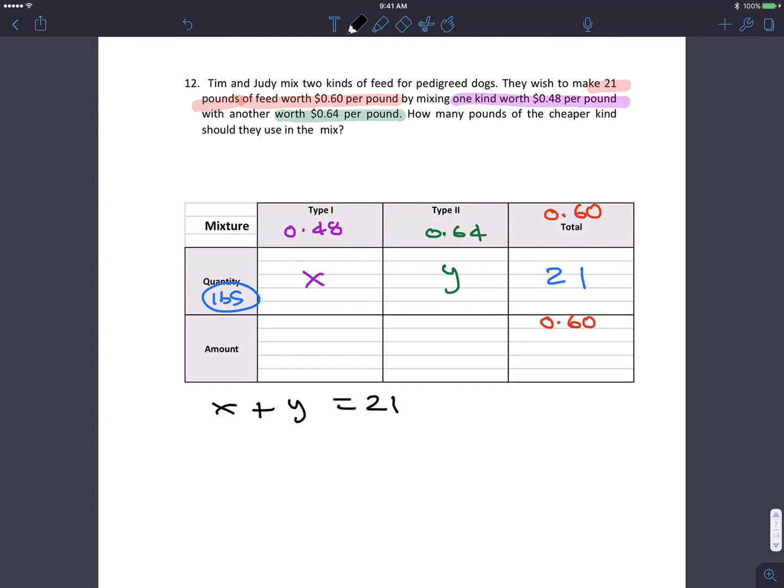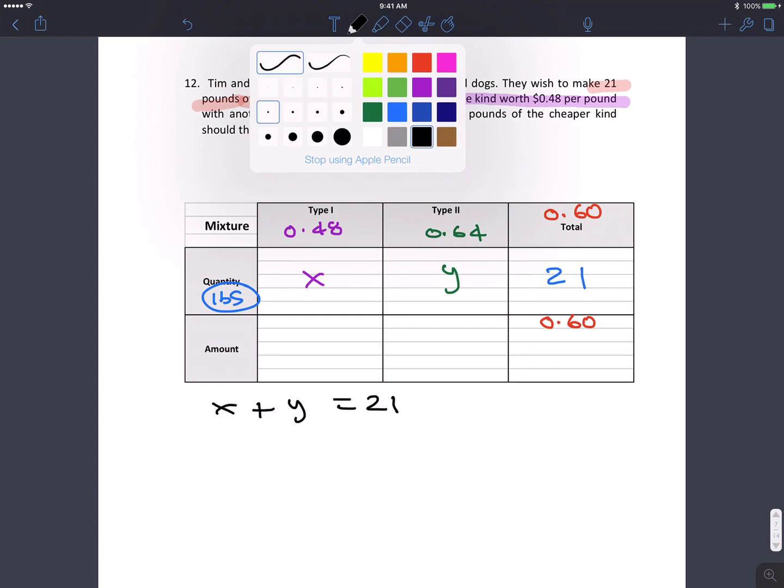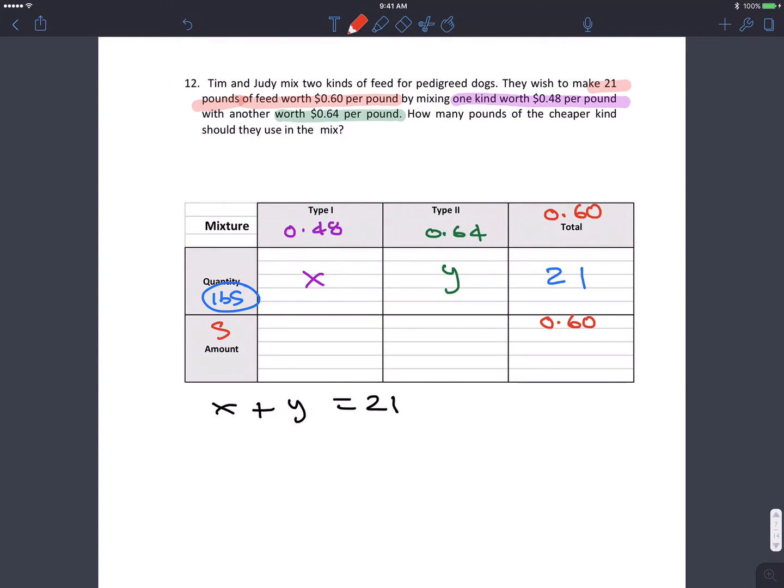Now the second is the amount portion. This is the amount here in dollars. So the first equation is a quantity in pounds. The second one is an amount in dollars. Let's see what we mean by that.